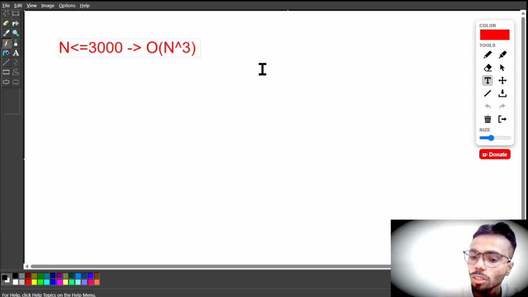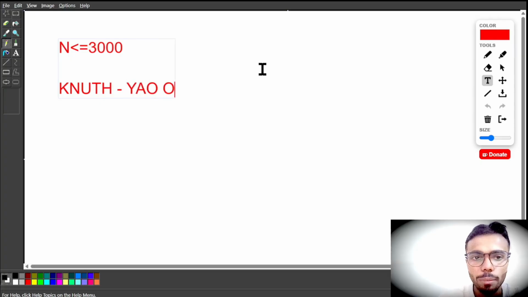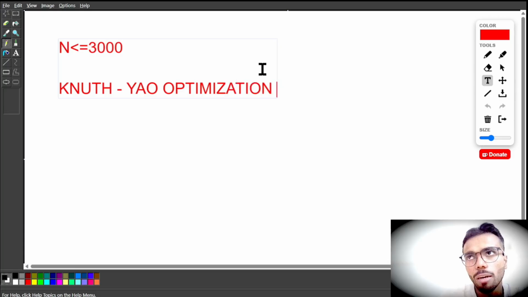So to optimize this, we have a technique known as Knuth-Yao optimization. It is usually applicable to MCM combination type interval DP only. It will optimize the O(n cube) solution to O(n square).